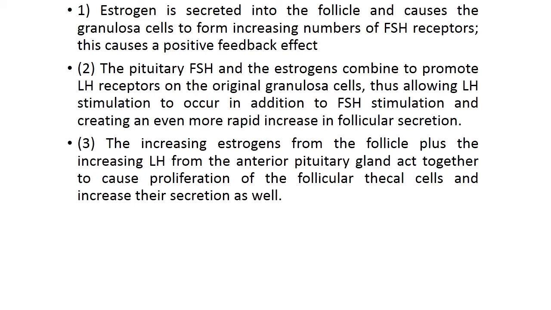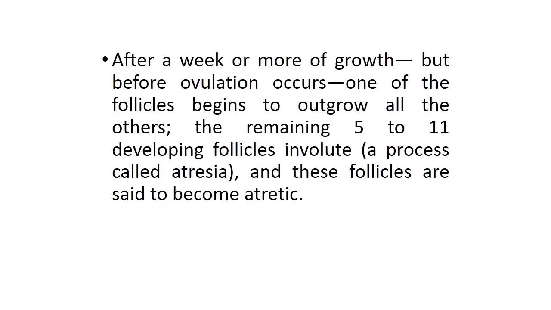The increasing estrogens from the follicle plus the increasing luteinizing hormone from the anterior pituitary gland act together to cause proliferation of the follicular thecal cells and increase their secretion as well. After a week or more of growth, but before ovulation occurs, one of the follicles begins to outgrow all the others.